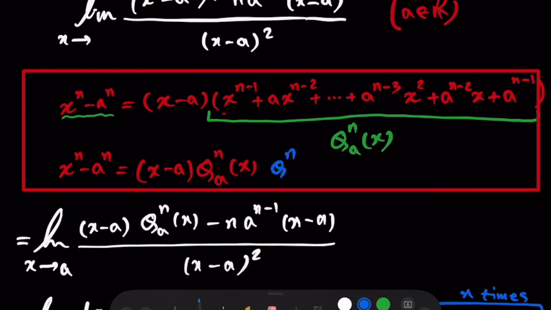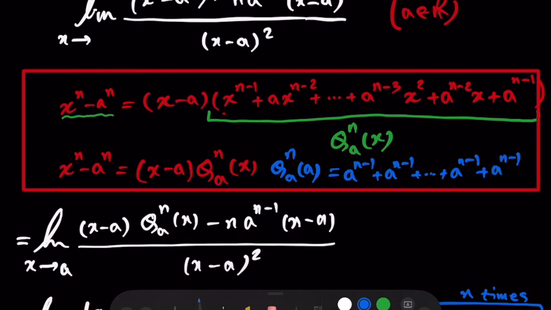The value at a, if you just plug a into the formula of q n a, is a to the power of n minus 1 plus a to the power of n minus 1, plus again a to the power of n minus 1, plus a to the power of n minus 1.